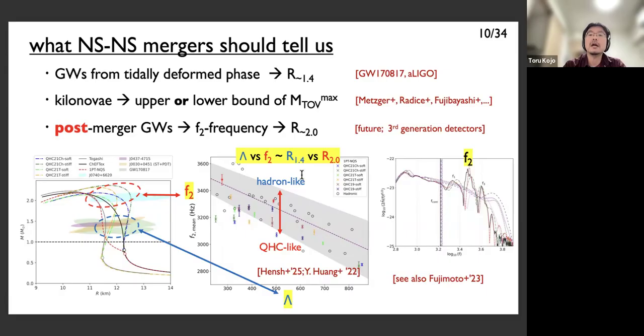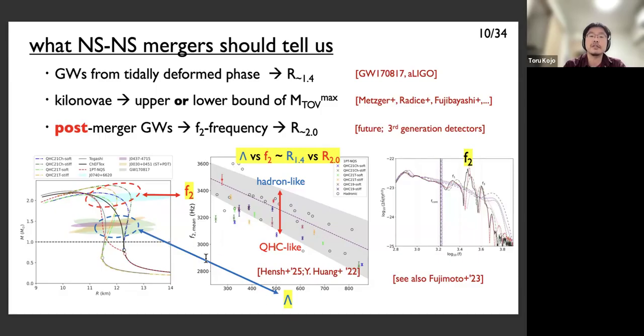What we are really interested in is the contrast between the radius of a 1.4 solar mass and that of a 2.2 solar mass neutron star. We want to confirm whether these radii are really similar or not. This information can be obtained from the correlation between the tidal deformability lambda and the f2 frequency.